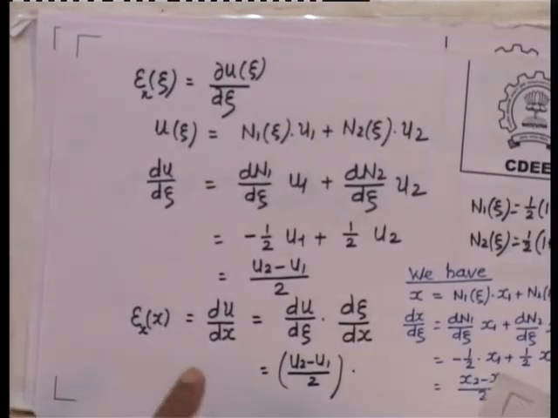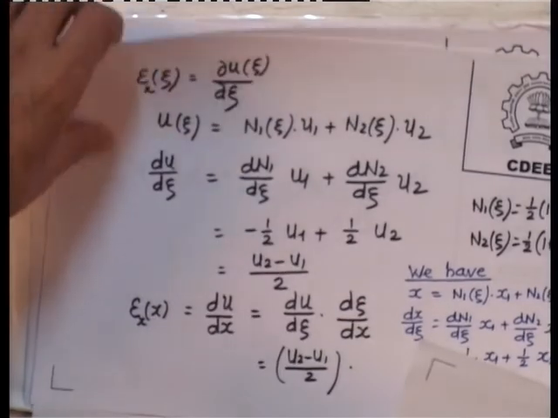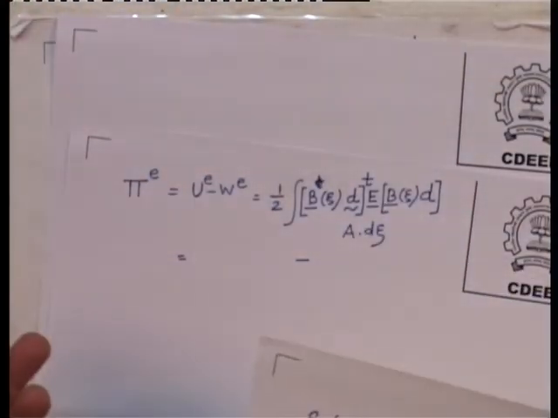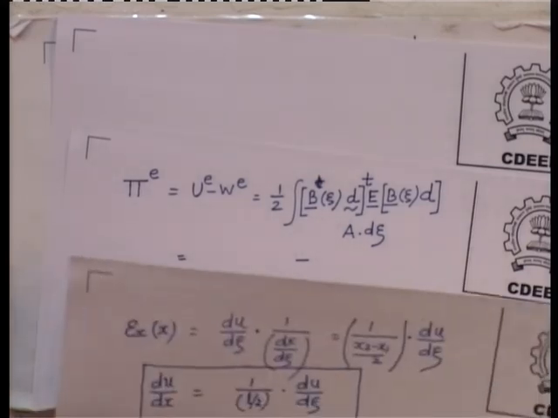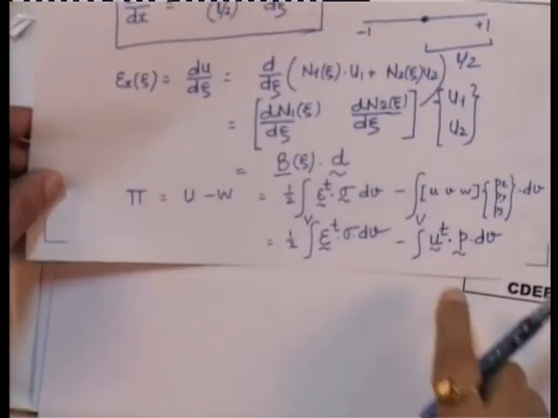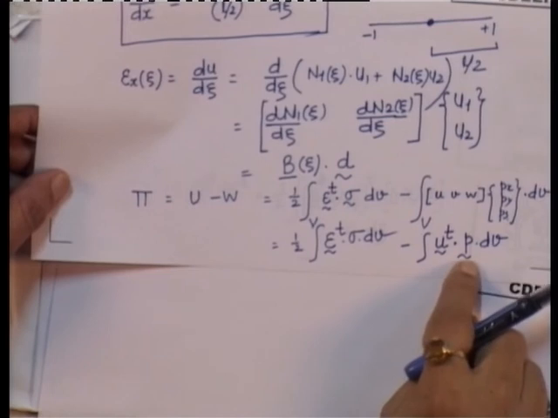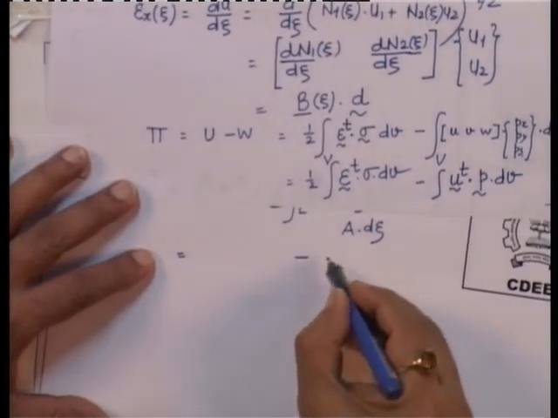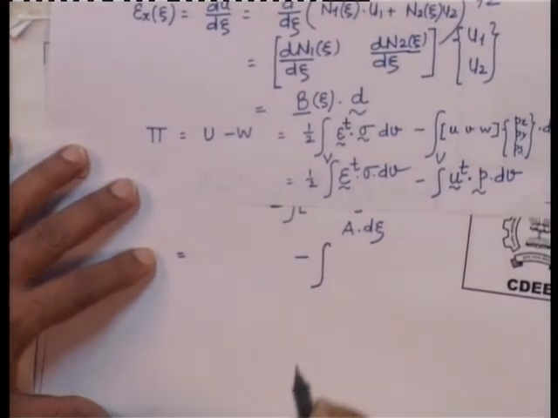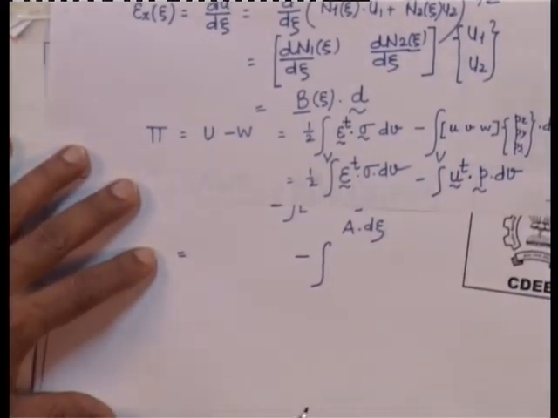Now this is again in local coordinate. Where is U? U was here. Silence please. U is defined in local coordinate. So it is U transpose P. What is U?